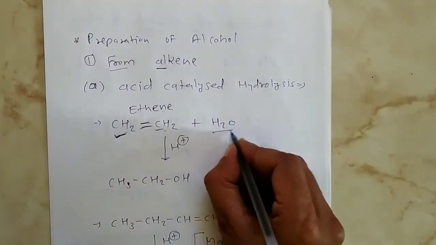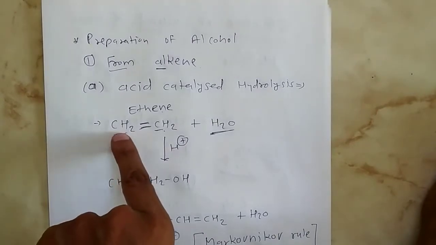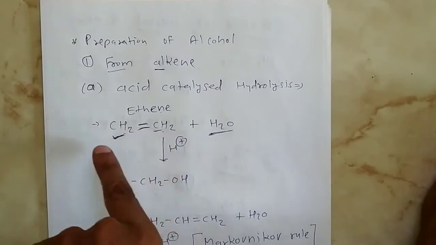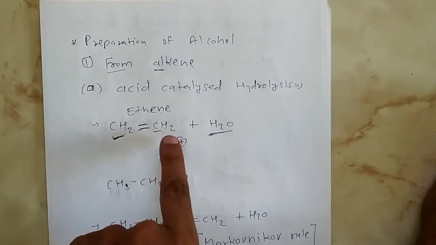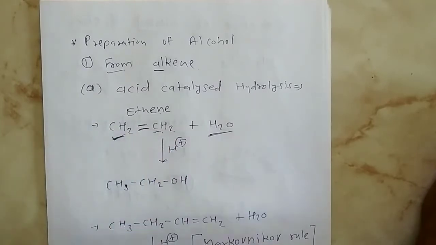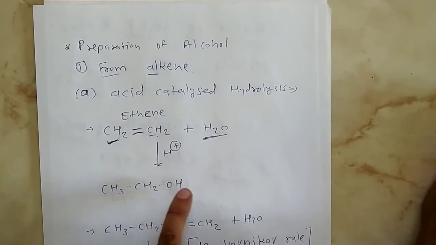When we add H2O to it, suppose I am adding hydrogen on the first number carbon and OH on the second number carbon, and the double bond is breaking here, so we'll get alcohol. You can see this structure, CH3CH2OH.